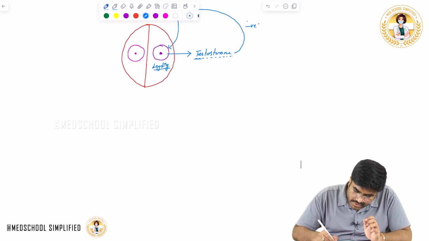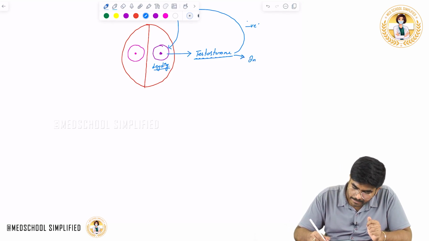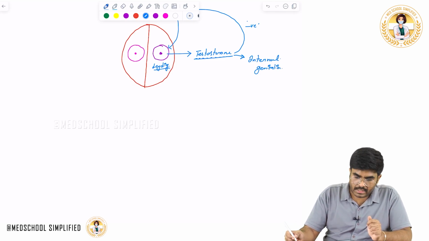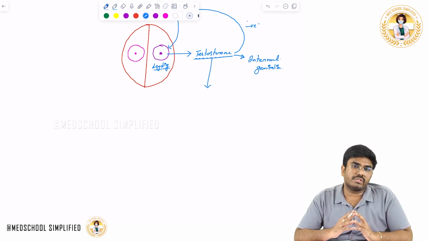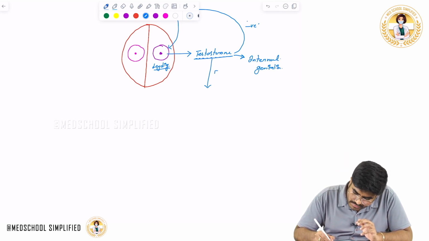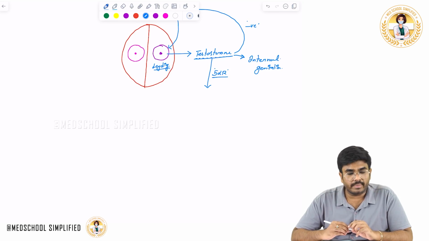Now, what is the fate of this testosterone? In the males, when you are a child, testosterone helps in the development of internal genitalia. Now, this testosterone is going to be converted into the more powerful dihydrotestosterone with the help of the very important enzyme 5-alpha reductase.